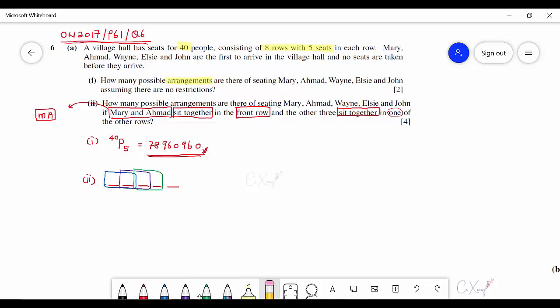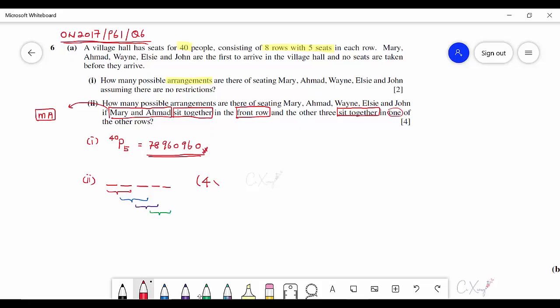Or maybe I can redraw it in a better way because it is quite hard to see clearly. 1, 2, 3, 4, 5, we have 5 seats here. The first pair of seats I can put them here, Mary and Ahmad. The second possible arrangement will be here. Then this is the third one, and this is the fourth. So to place Mary and Ahmad together in the front row, there are 4 possible pairs of seats that I can put them in.